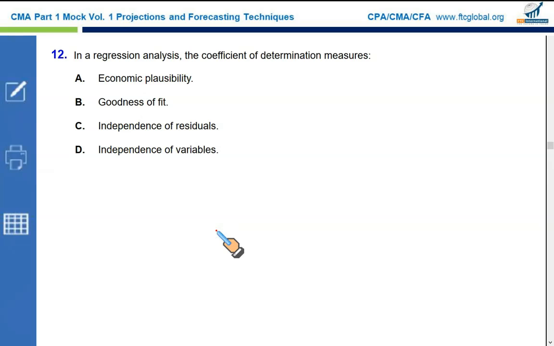In regression analysis, the coefficient of determination measures the economic plausibility. Economic plausibility means reasonableness, probable. No, in regression analysis, we estimate the dependent variable with the help of the independent variable. Right? So this is not true.